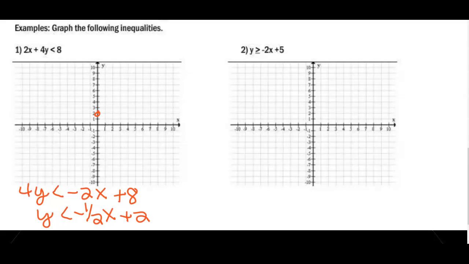And then apply my slope of negative 1 over 2. So you're going to go down 1 and over 2.